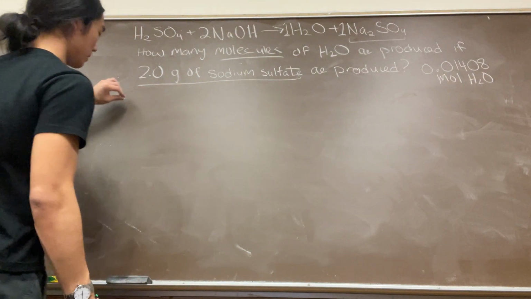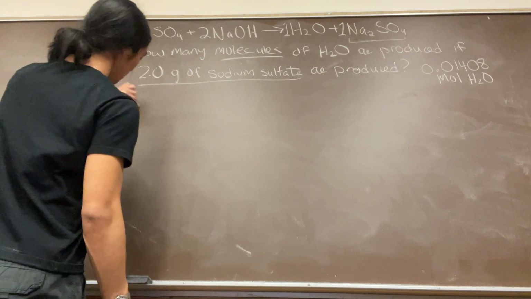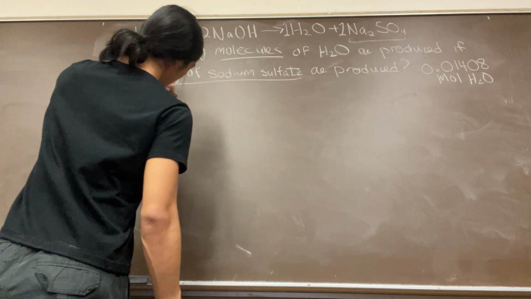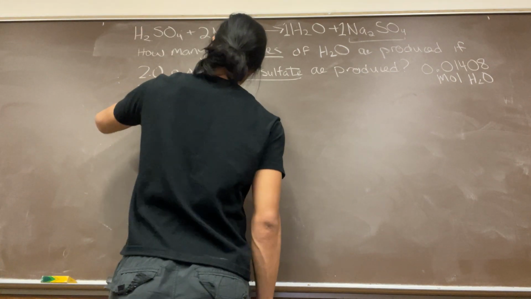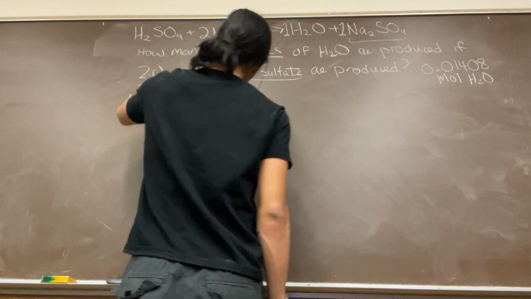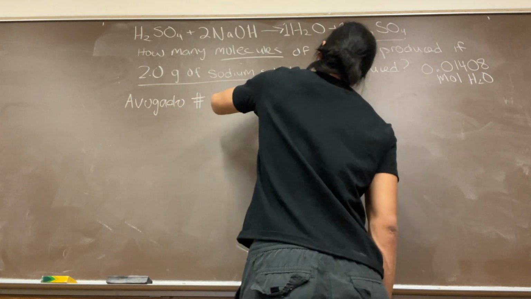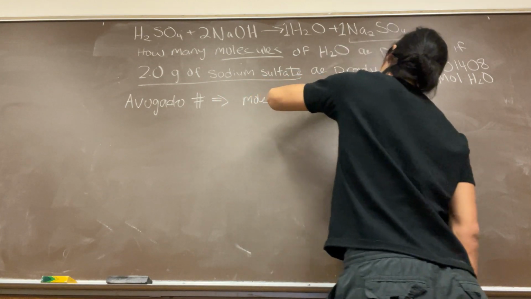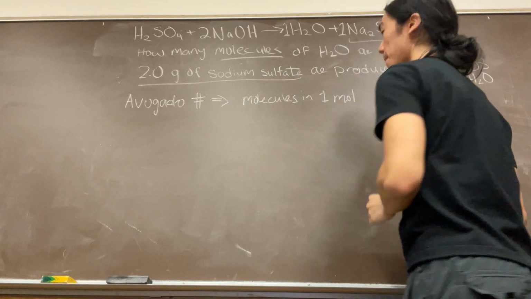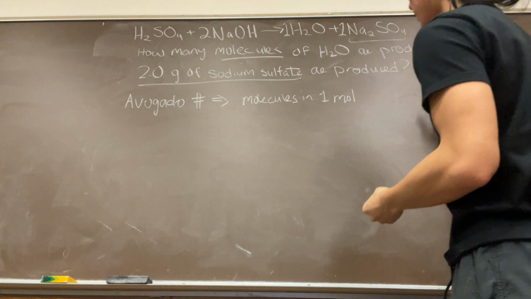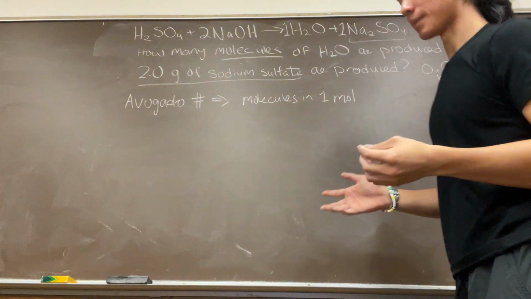So we can think of Avogadro's number as molecules in 1 mole. So that means that basically it's molecules divided by moles.